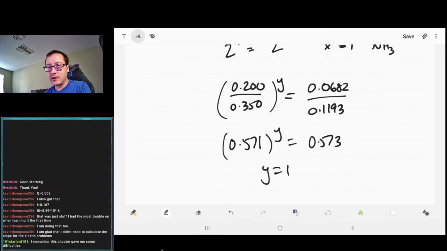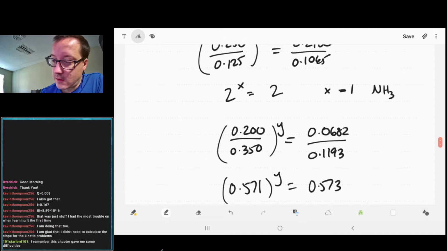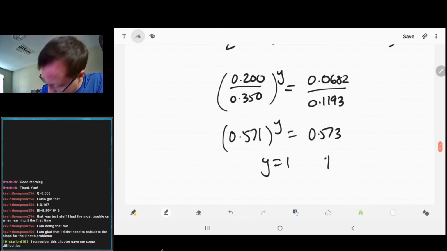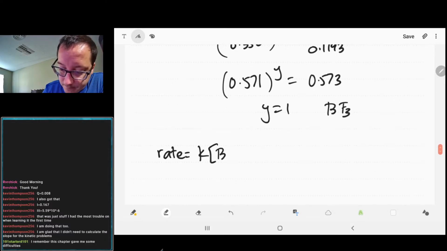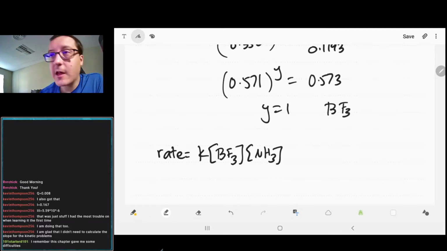So, I'm sorry, 3 and 5. So you'll get the same value there. And so that's for boron trifluoride. So for this particular reaction, they're both first order, and so that is our final value there.